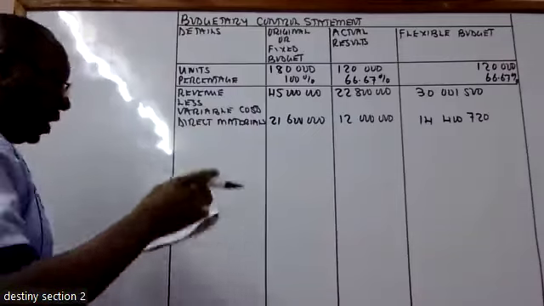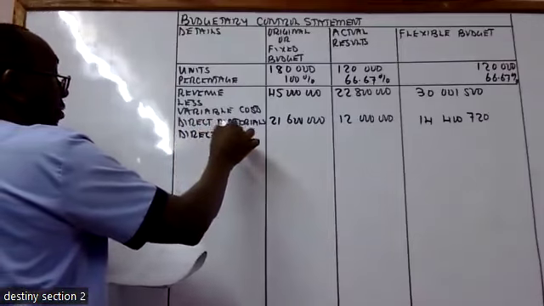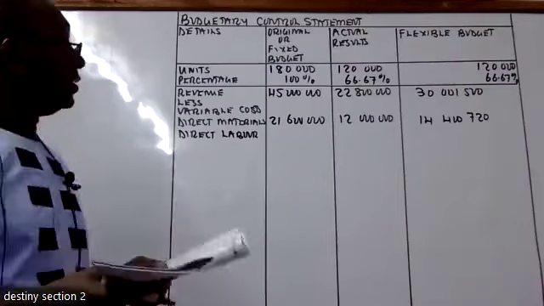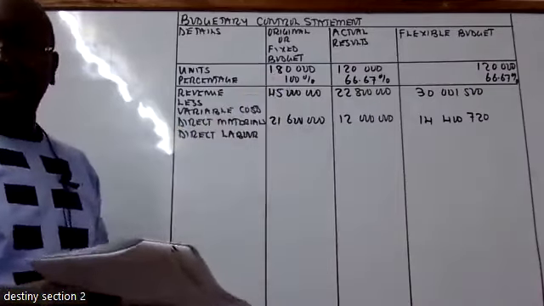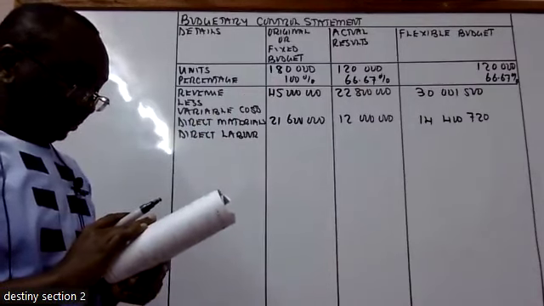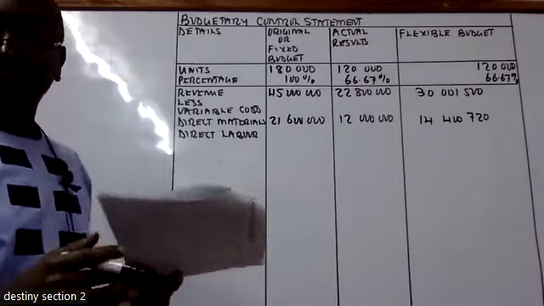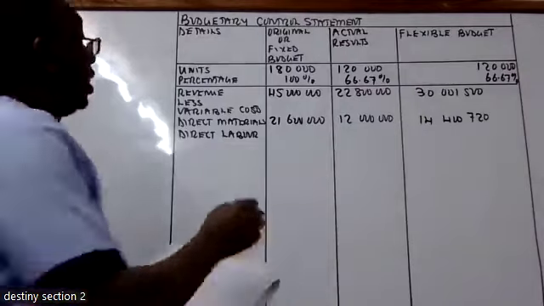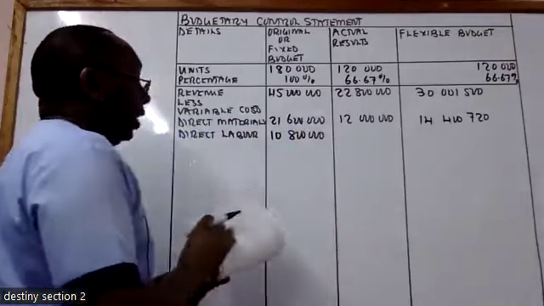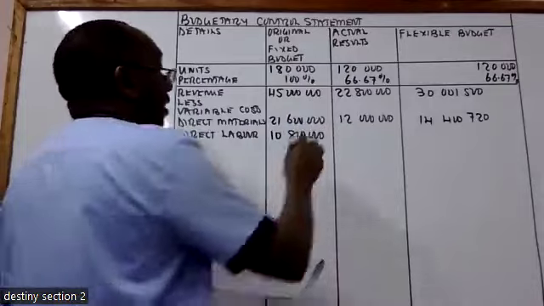Now let's go to direct labor. Direct labor, we argue the same way. You take 60 multiplied by 180,000, which is 10,800,000. Going to the actual, it is 3,900,000.